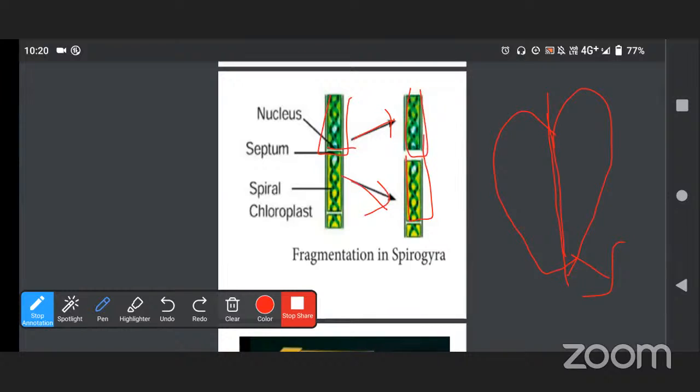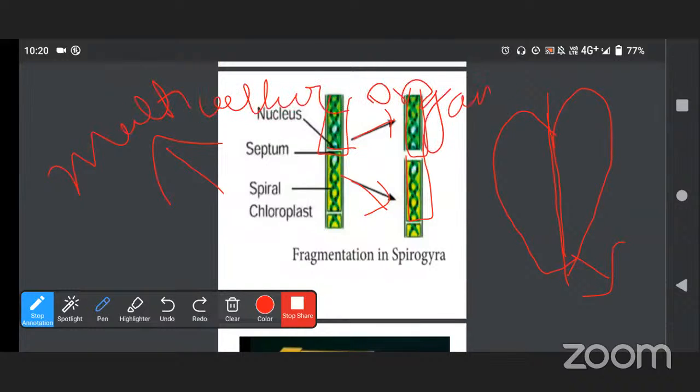So Spirogyra is a multicellular organism. It reproduces by the process of fragmentation, and it has chloroplast, so it can make its own food.